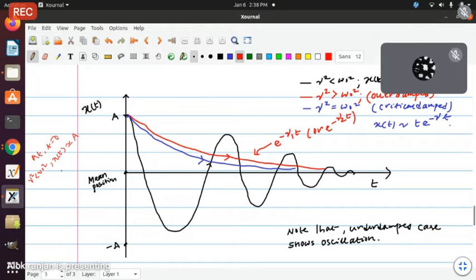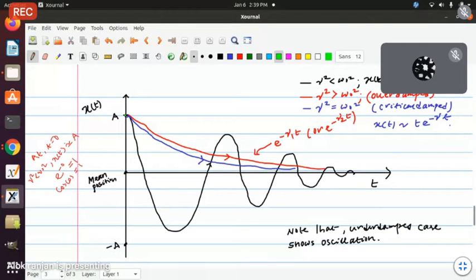Because e to the power minus 0, what is the value? Anybody? It is 1. And cosine 0 equals 1. So the solution will be A. Hence you can see that it starts from here, A.